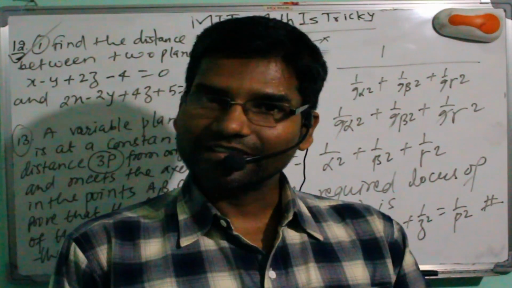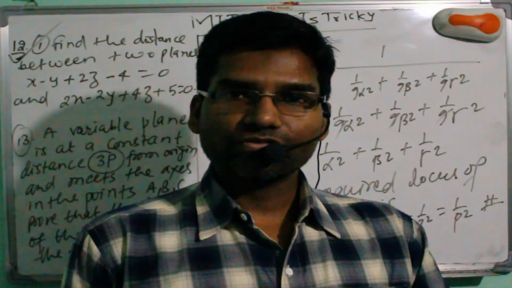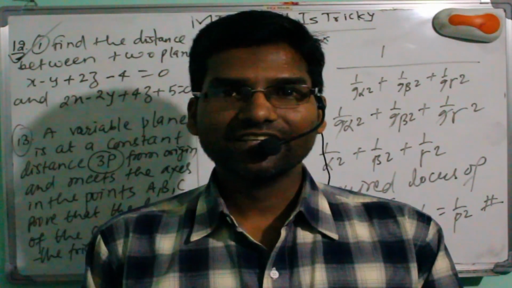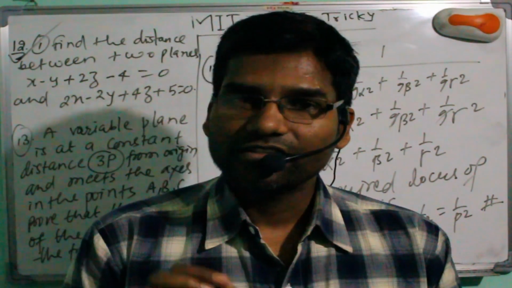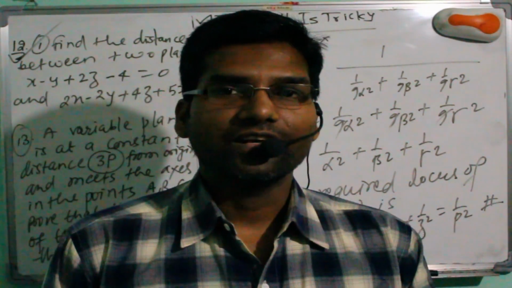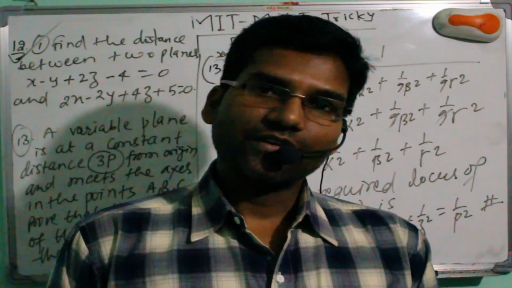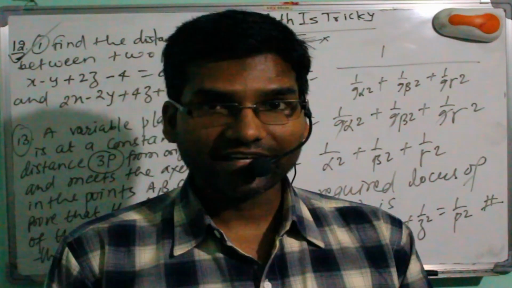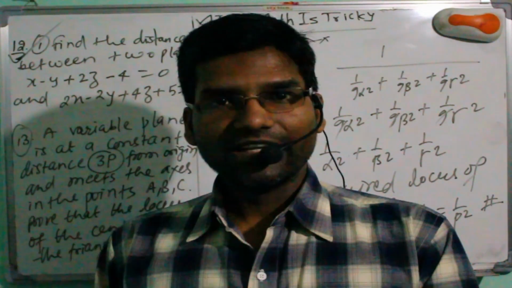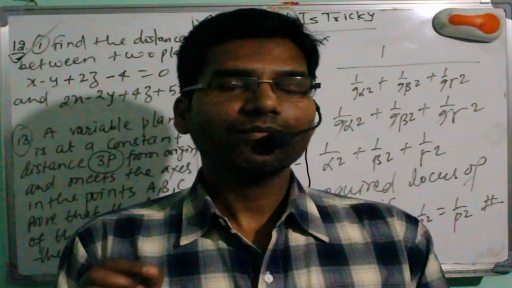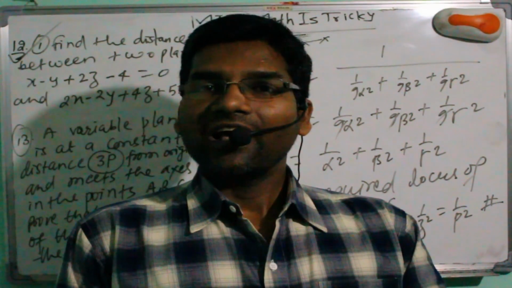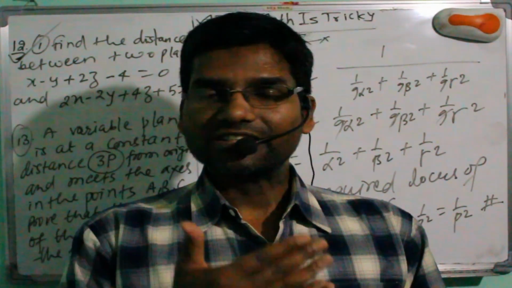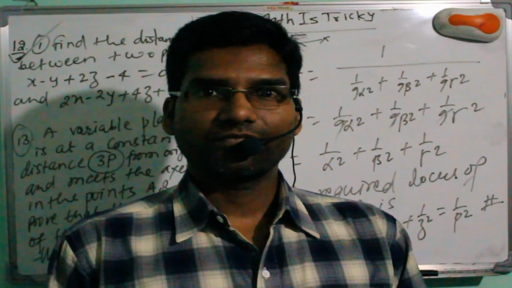After getting the coordinates of A, B, C, I calculated the centroid, because we have to find the locus of the centroid. The formula for the centroid is (x1 plus x2 plus x3) by 3, (y1 plus y2 plus y3) by 3, and (z1 plus z2 plus z3) by 3. From that we got the values of the x-intercept, y-intercept and z-intercept, which were substituted in equation 1, the equation of the plane. After getting the equation of the plane in terms of alpha, beta, gamma, one more condition was given: the plane was moving at a constant distance of 3p from the origin.